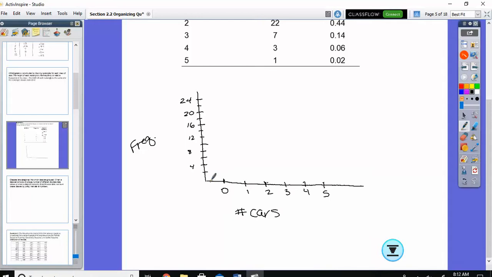In order to draw these rectangles touching, what we actually do to show the 0 one is we draw a rectangle that's centered around the 0. So how many families had 0 cars? 4. So we'll draw it up to 4.